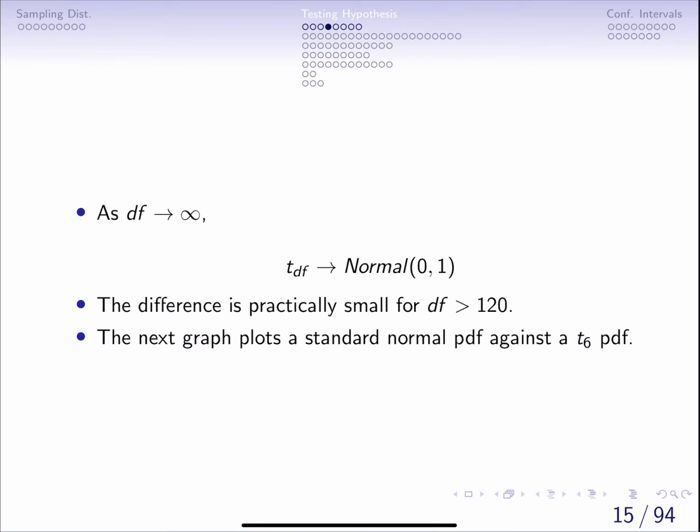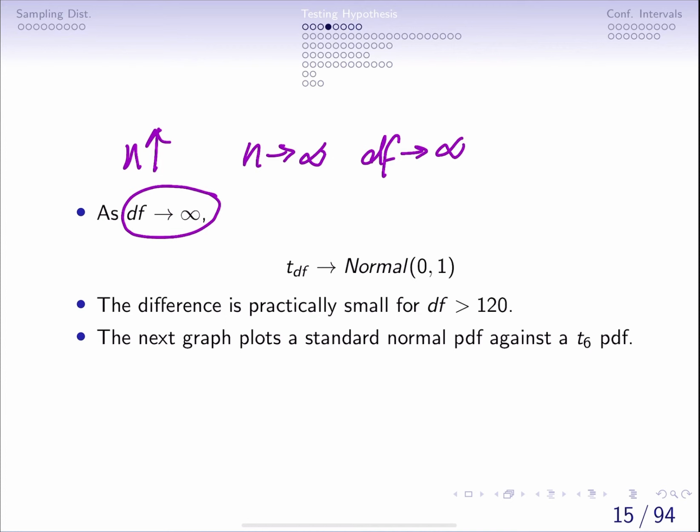So in other words, as your sample size increases and becomes much, much bigger, or tends to infinity, then, as n goes to infinity, your degrees of freedom are also going to go to infinity, okay?